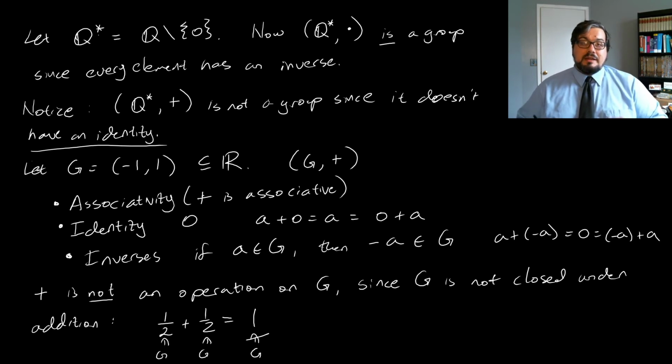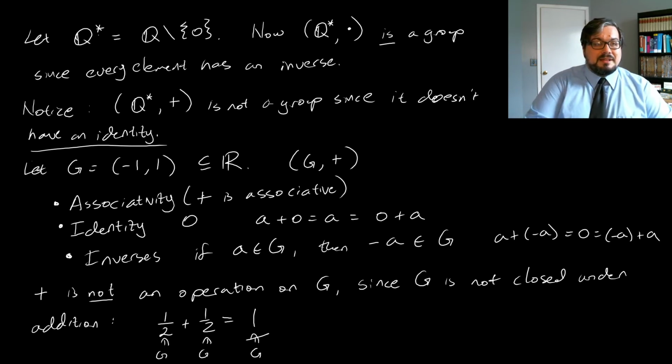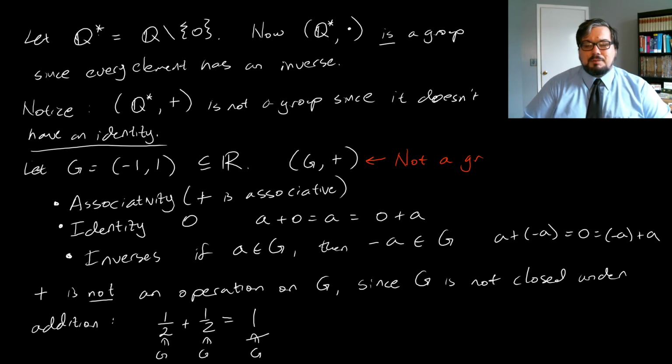So when you're going to examine a set and an operation in order to see whether or not it's a group, the very first thing that you need to consider is, is that function even an operation on G? Because this one isn't. This operation of addition is not an operation on G, because I can take two things that are in G, operate on them together, and get something that's outside G. So that means that G with addition is not a group.